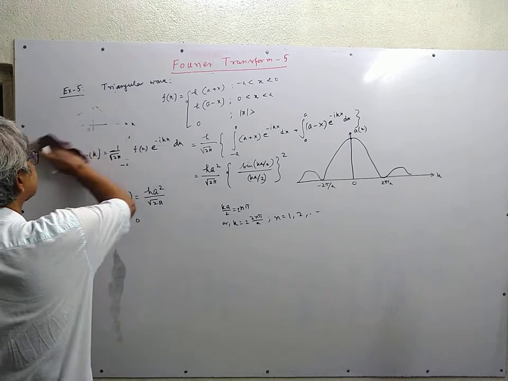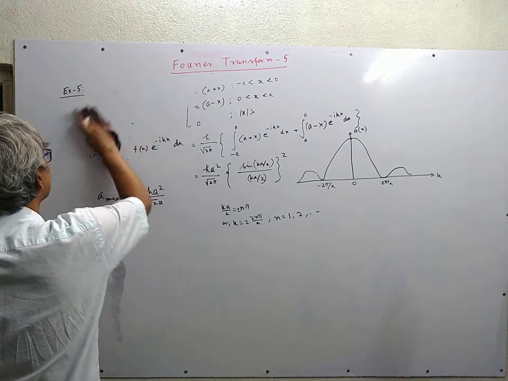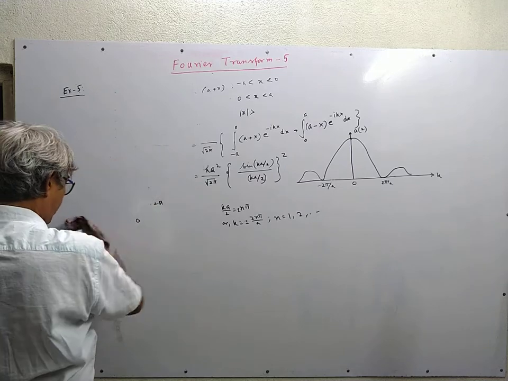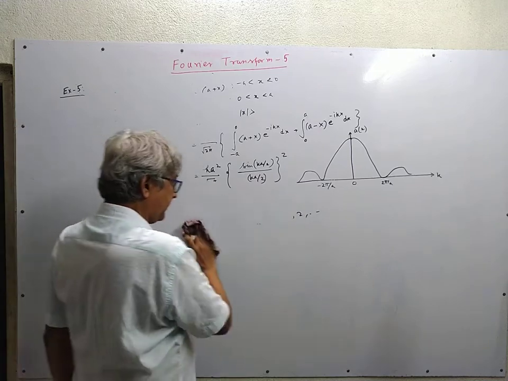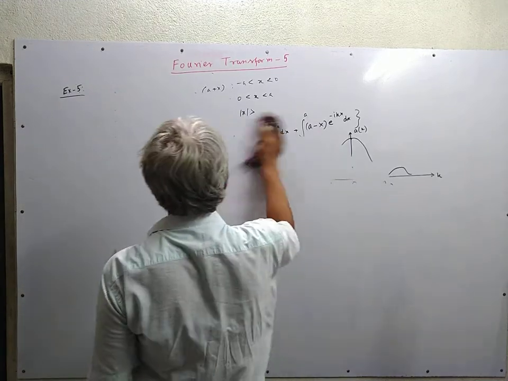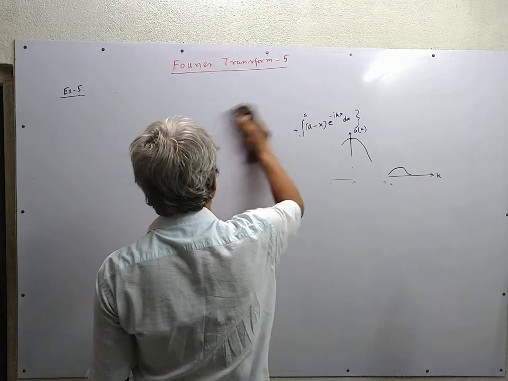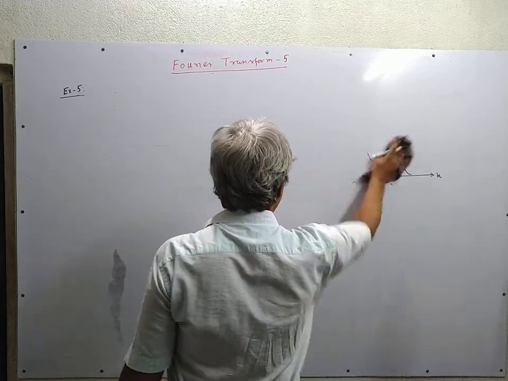As the sixth example, we consider the asymmetric sawtooth. Let me explain what is meant by asymmetric sawtooth wave, then we shall consider the symmetric sawtooth wave.